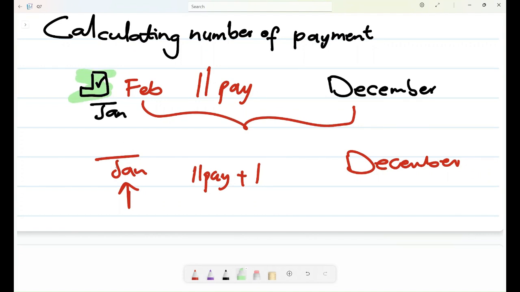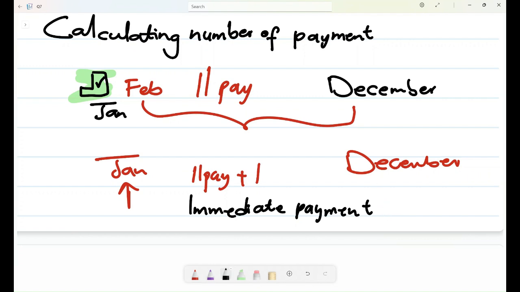So you will pay an extra month. This is what we call immediate payment. Immediate payment adds a month, right?